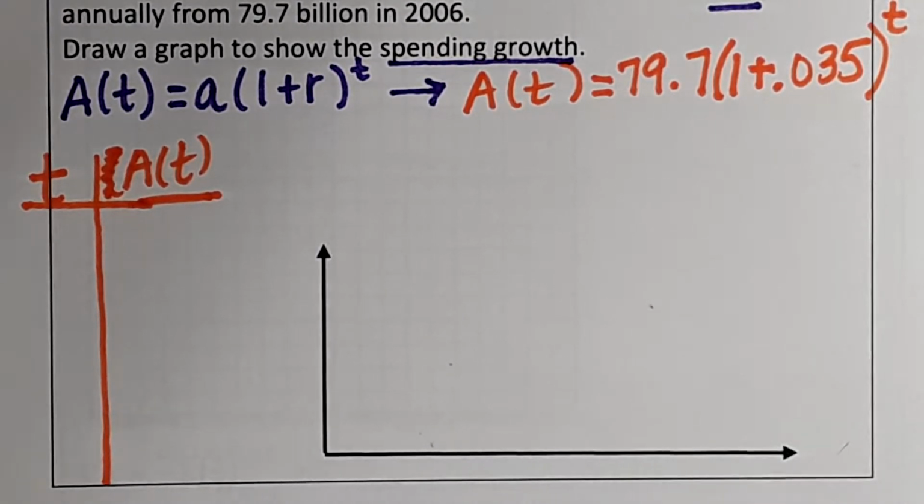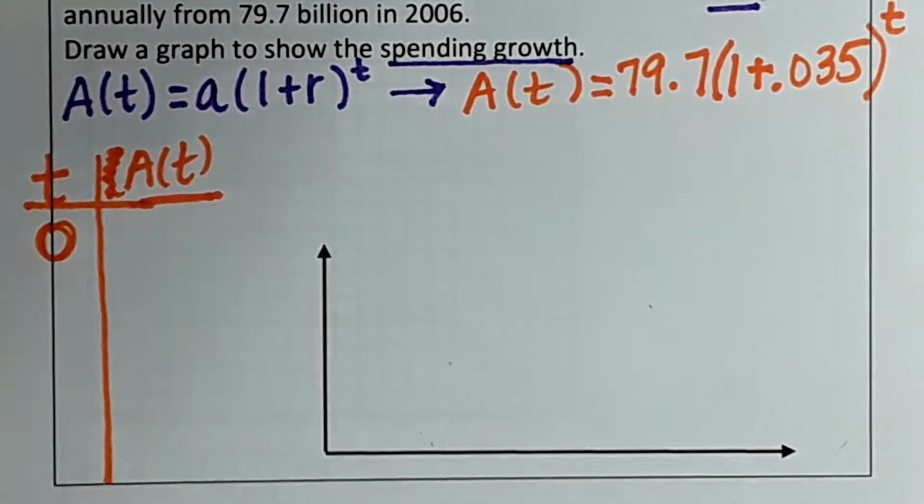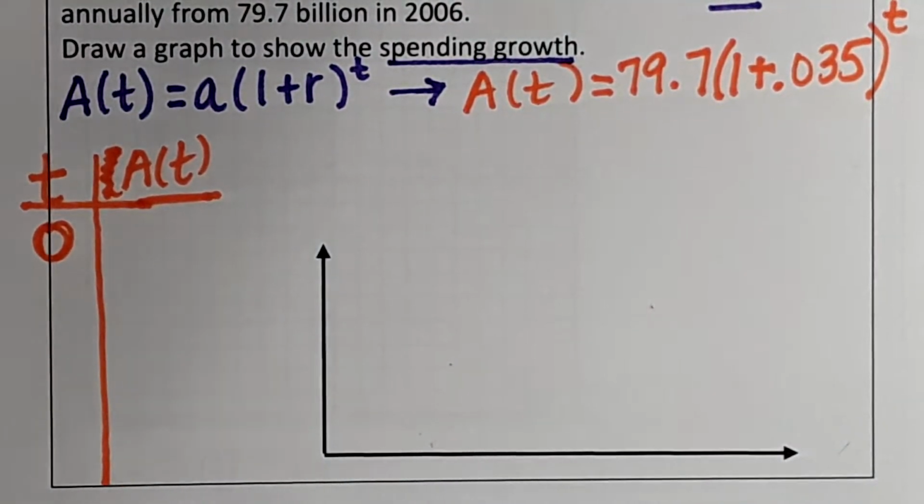Because we're dealing with money, we're dealing with years, our first t is going to be 0, because that's our initial amount. It's kind of like when you deposit $5 in the bank, you start with $5 and then it goes up from there.